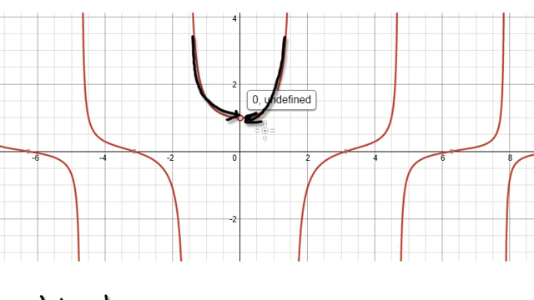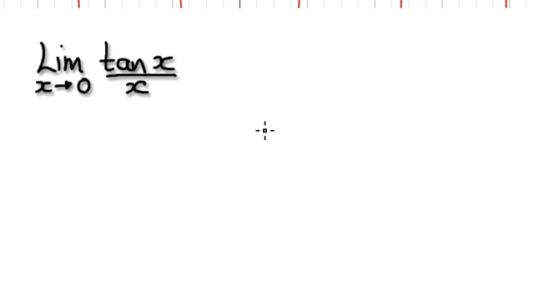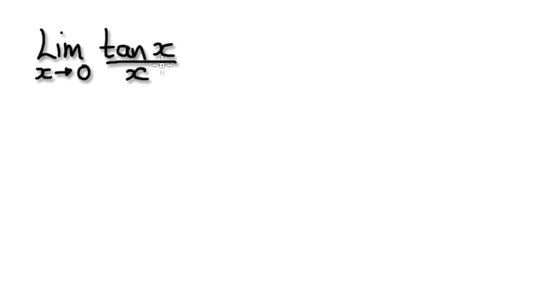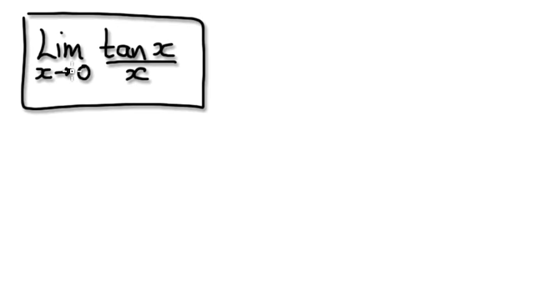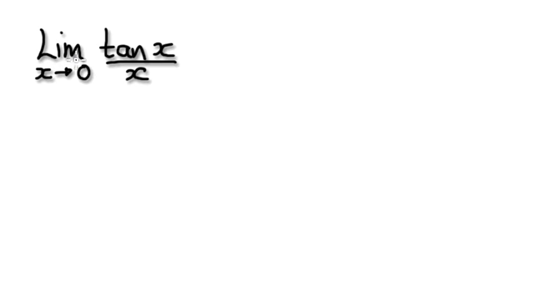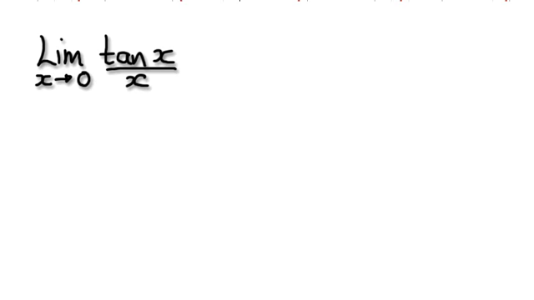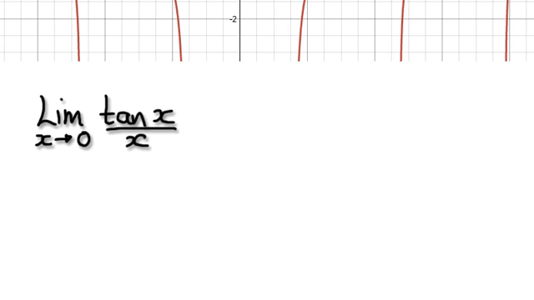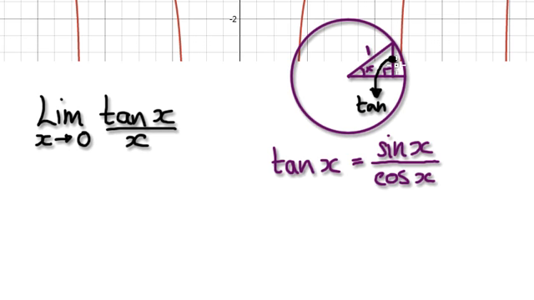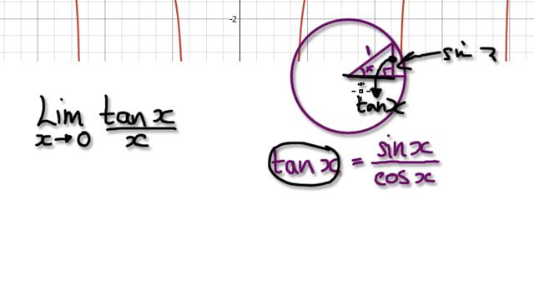But in reality, you're going to get a problem like this, but you're not going to be given a graph. So find out the limit of this as x tends to 0. As a clue, just remember that when you look at a circle of radius 1, tan of x equals, well, remember that this height here is sine of x, and this length here is cos of x.